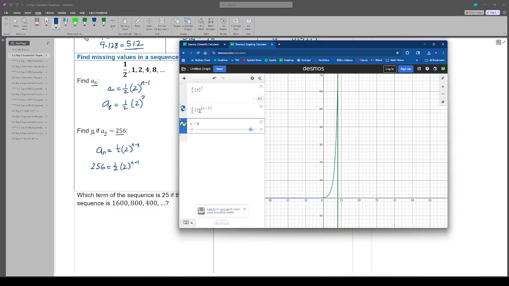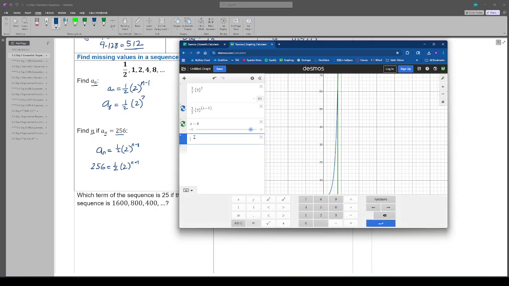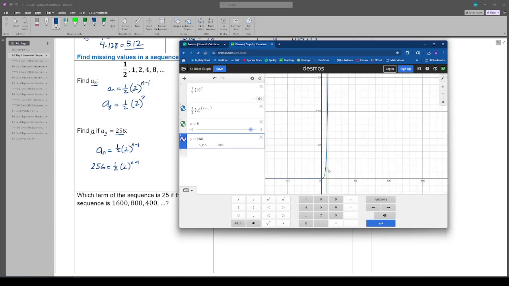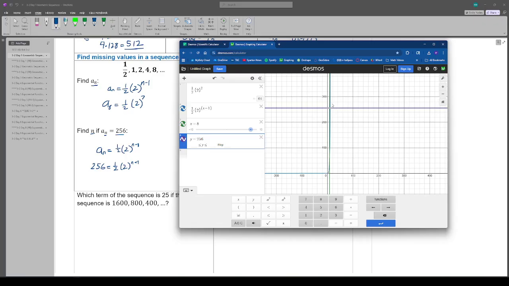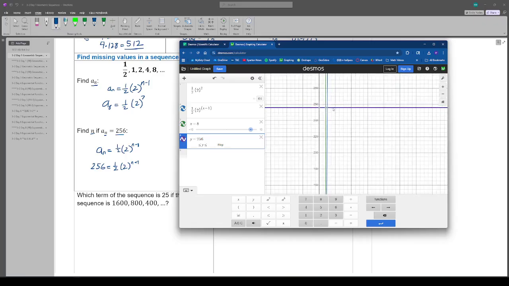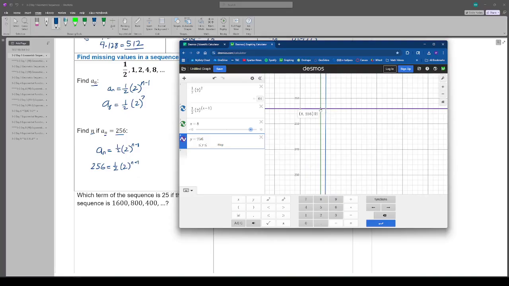But for part B, I want to know when the output is 256, or when the y value is 256. So if I put y equals 256, then we have to scroll out some more, and we get this purple line. And I'll zoom back in on the purple line. So where the purple line and the blue line meet, right here, 10, 256, that's going to be the spot, the n value that works for that second one.